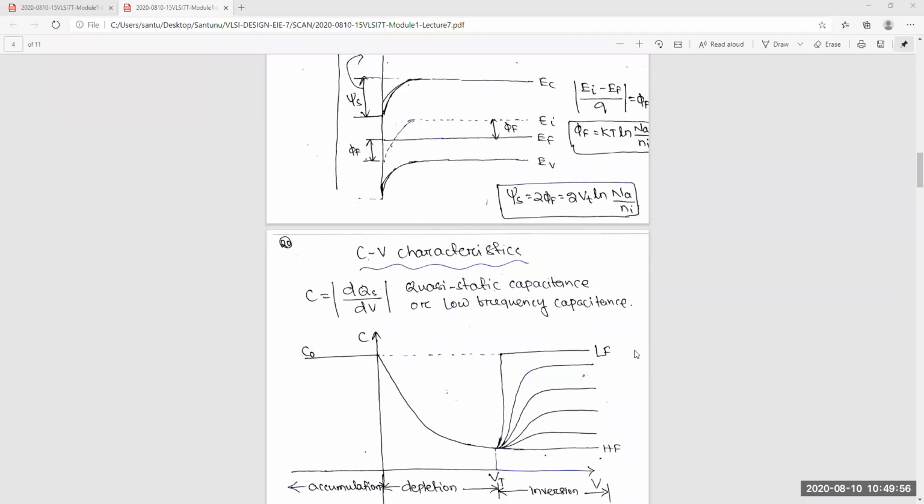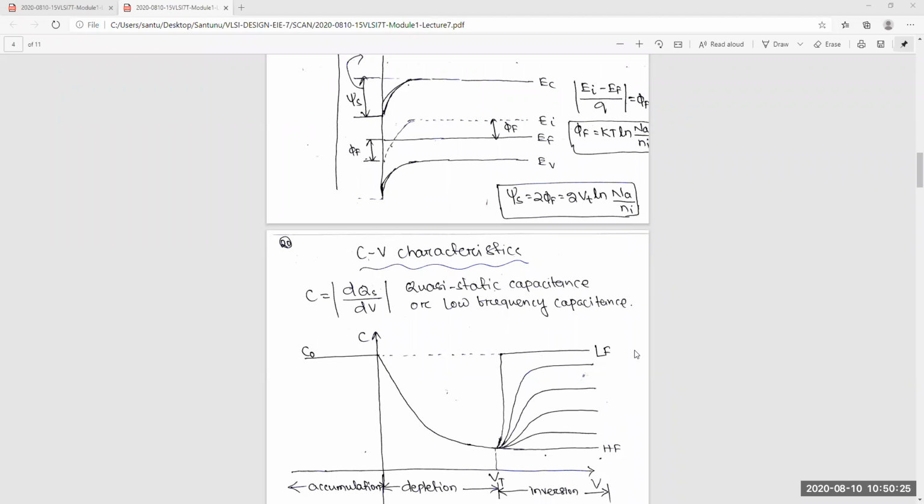See, at high frequency, what happened? At very high frequency, for mobile electrons at the surface, they are generally thermally generated. So when you change the voltage, a small signal at a very high frequency, what happened?